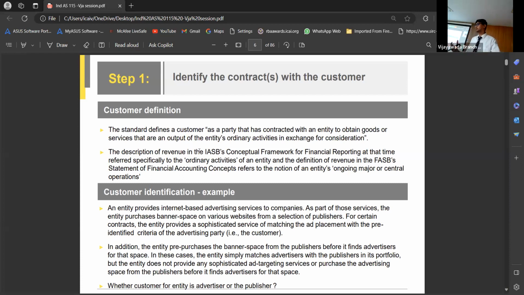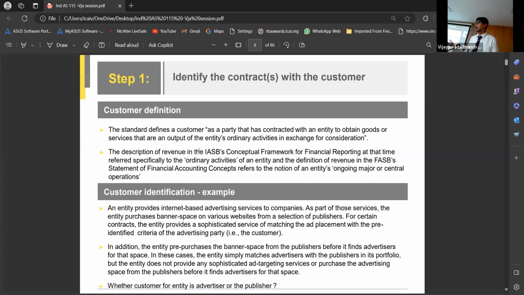On one side, advertisers ask you for services for the same space, and then you also resell the advertisement space without much value addition. Both can happen in this media agency industry. So what I'm trying to say is that we have to know the context in which this particular transaction happens. In the example, if you use the space to create an impact for your customer in the form of customization of ads, then your customer is the person who is paying you the ad revenue, for example an FMCG company like Lux.